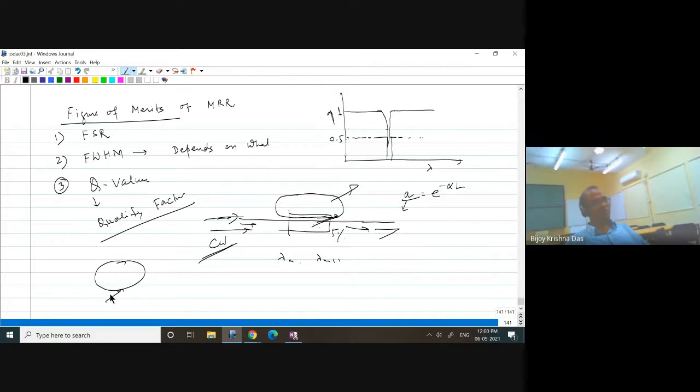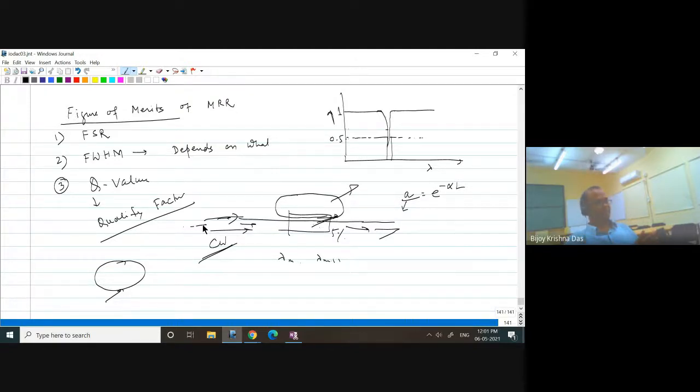So depending on the loss, how much power will be stored? Even though the loss is very minimal, if you are launching just 1 milliwatt of power, which means 1 millijoule per second of energy you are feeding, in steady state that 1 millijoule will also be lost per second, though a certain amount of energy will be stored from the initial stage.